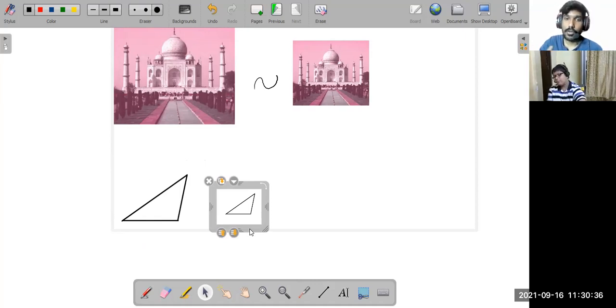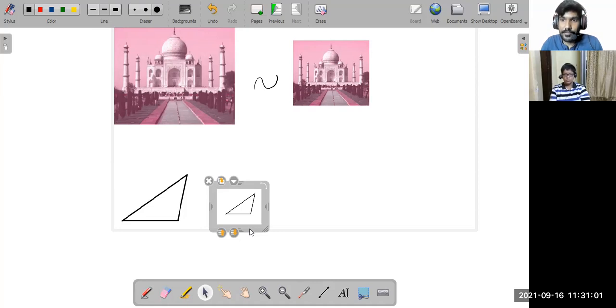Yes, sir. Now, two triangles, just get the difference between congruence and similar. In congruence, all the sides, all the angles will be equal. But in similar, all angles will be equal, but sides will not be equal.